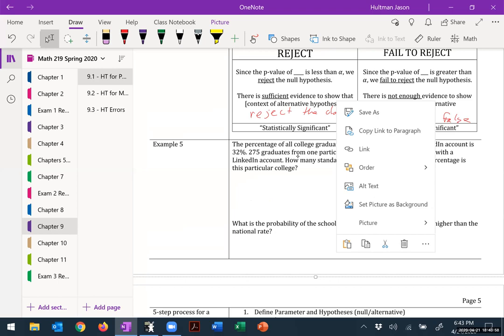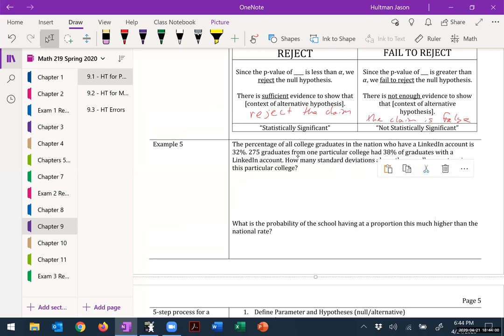Let's practice calculating a p-value. Example 5. The percentage of all college graduates in the nation who have a LinkedIn account is 32%. 275 graduates from one particular college had 38% of graduates with a LinkedIn account.